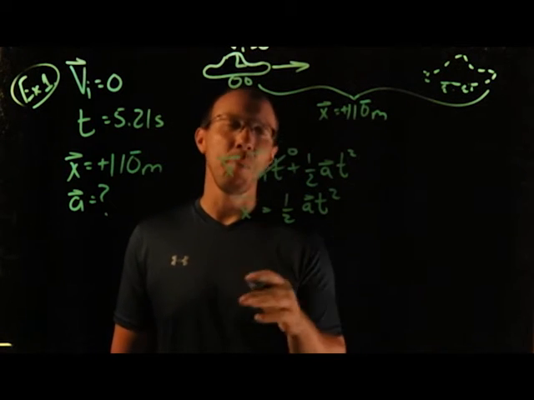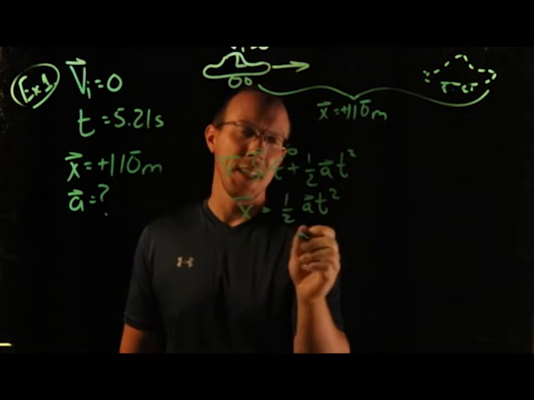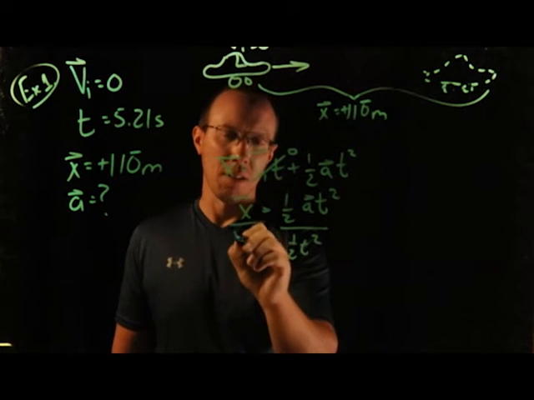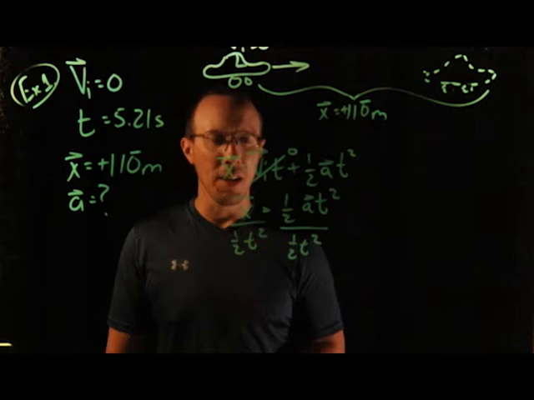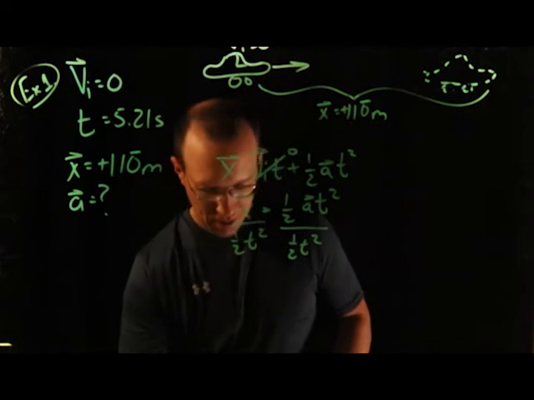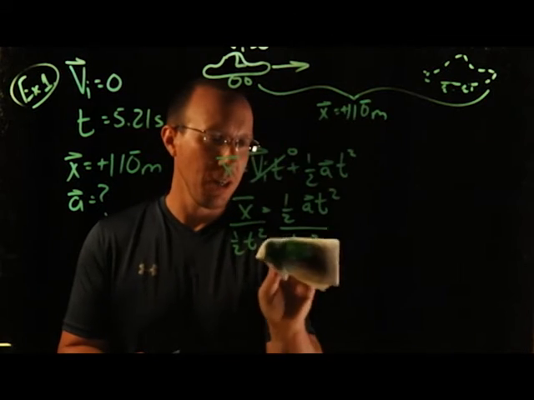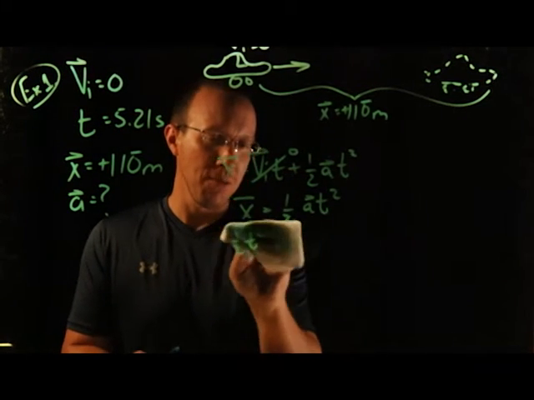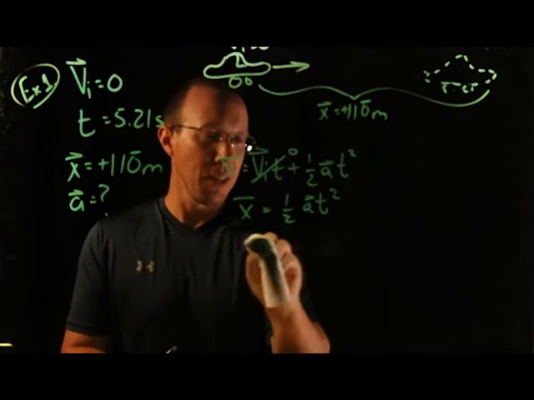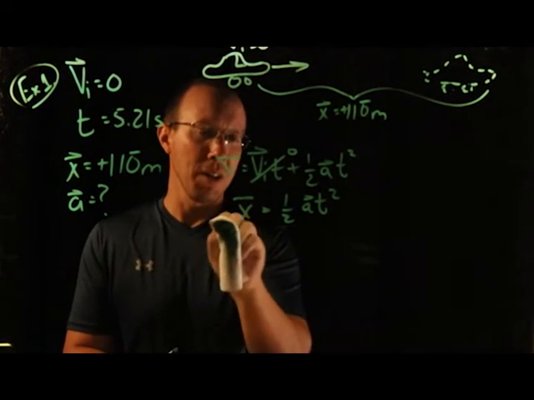So it depends how you want to do this. You can divide the entire thing like this. I generally do not do that, and then you just have a equals this. So I like to multiply by 2 first, but either way works. I don't like having fractions in the denominator.